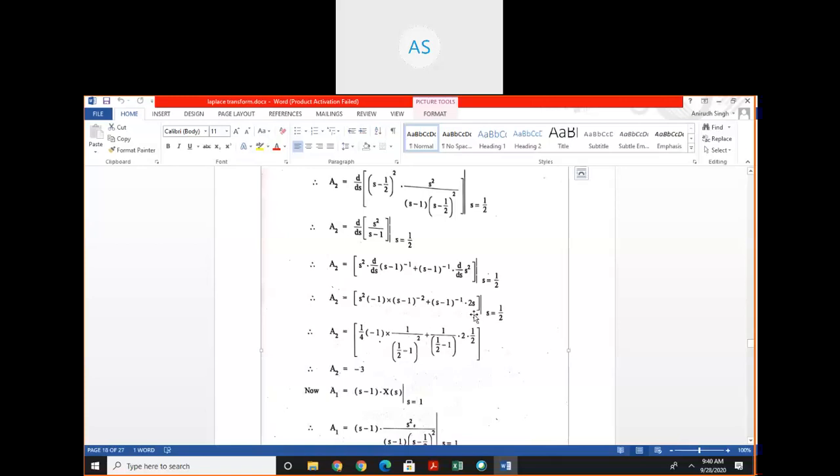Here, then simply, differentiation of s squared minus s minus 1, s squared, differentiation of this plus 1 by s minus 1, differentiation of s squared.